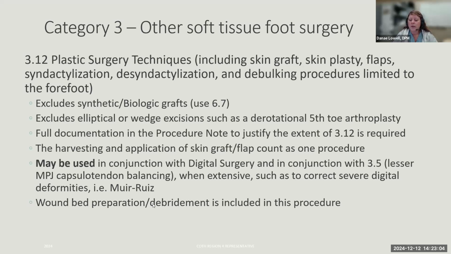If you harvest and apply a skin graft or flap, it is counted as one procedure rather than two. It can be selected in addition to a digital surgery procedure if severe deformity is being addressed. The entirety of the procedure, including wound bed prep or debridement, is all-inclusive and cannot be logged separately.